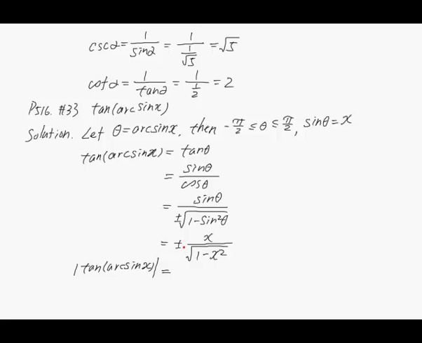We can just get rid of this plus minus sign. And we know the denominator, this positive square root of 1 minus x squared, is always positive. So we can take this out. Then actually it's just equal to the absolute value of x divided by the square root of 1 minus x squared.